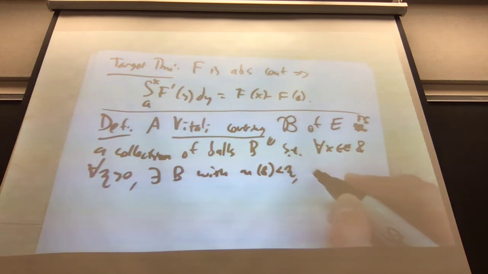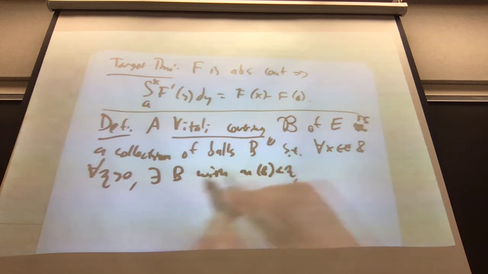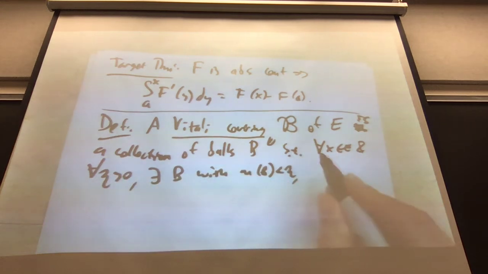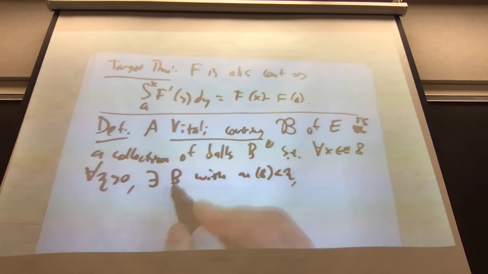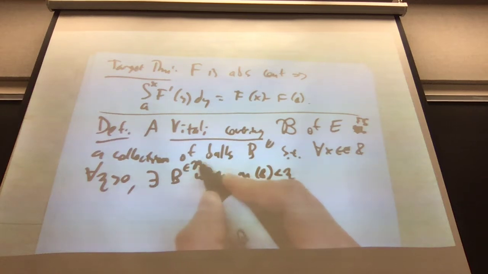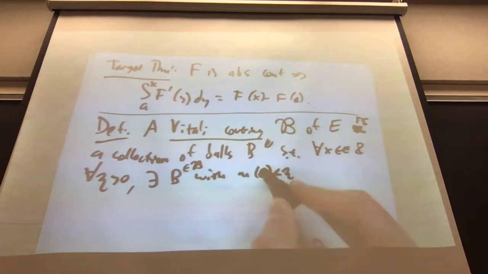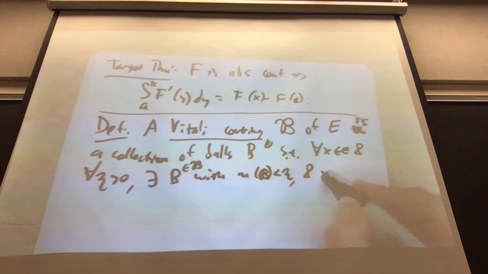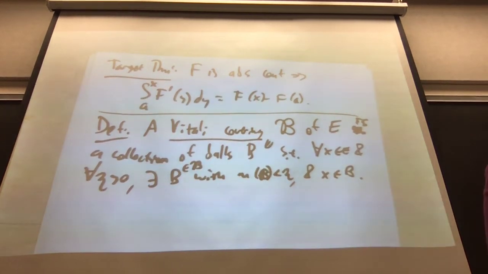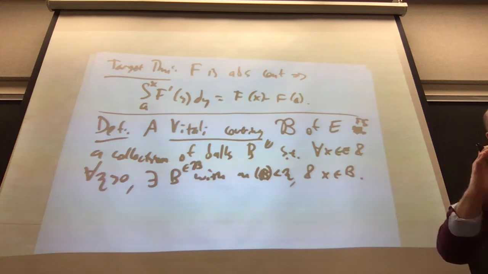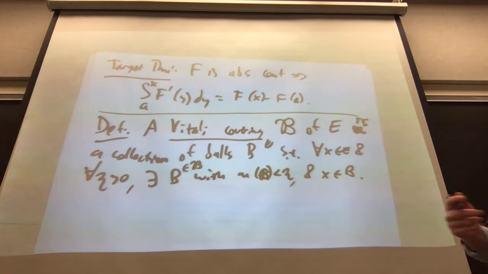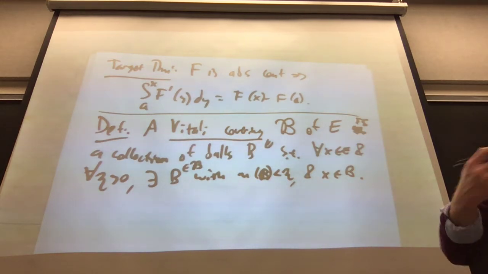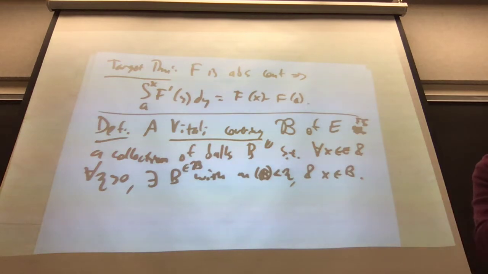There exists a ball in the covering? There exists a ball, so a collection of balls so that for every x in E and every eta, there exists a ball in the covering with measure at most eta and x in the ball. In other words, I just want to make sure that I can zoom in. In a second, we're going to take a very special set of balls, and I want to know that that set of balls is not too special, that it looks like what you would think of as just take all the balls that cover a point.